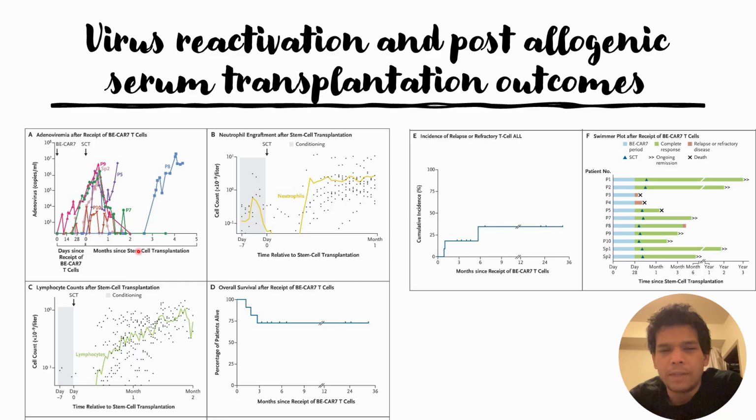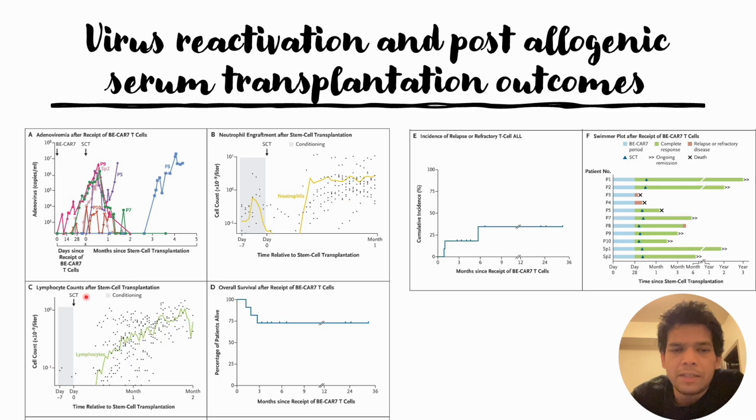After the post-allogeneic stem cell transplantations, they checked the results for the neutrophil counts and also the lymphocyte counts, whether they are increasing or not. We can see that the neutrophil counts in panel B started to increase post stem cell transplantation, not serum transplantation, post stem cell transplantations.